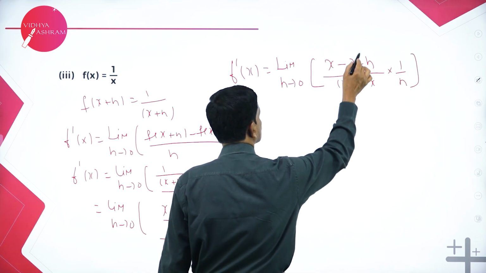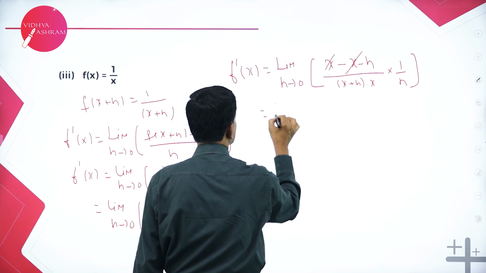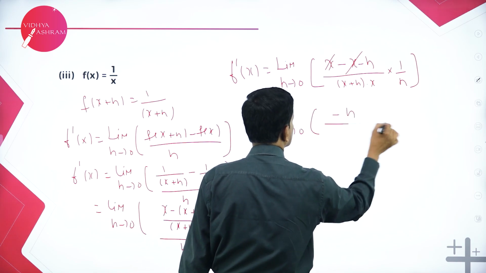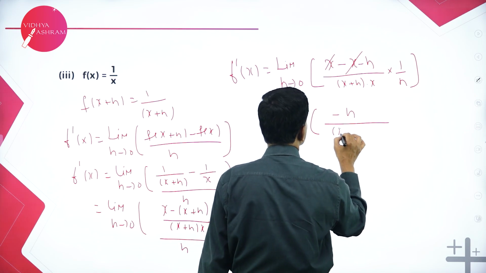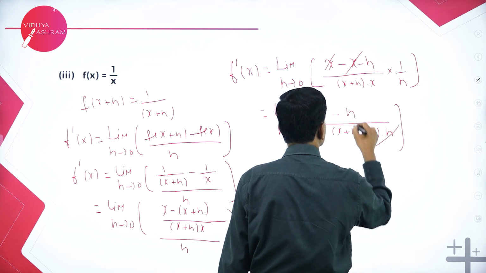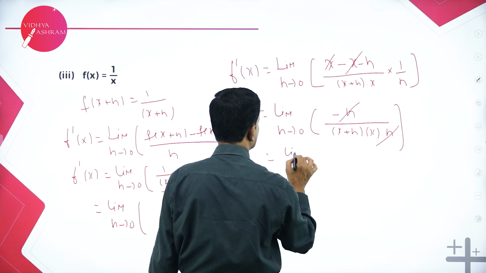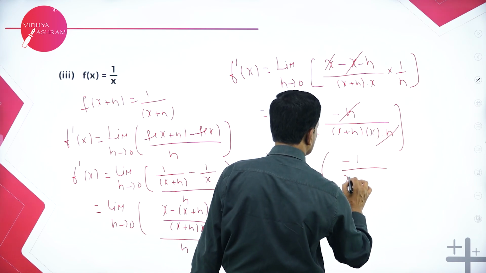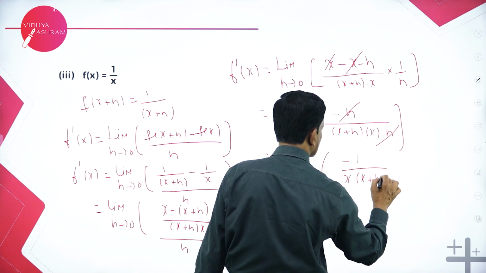Now cancel that terms. Minus x and plus x gets cancelled. This is limit h tends to 0 of minus h divided by x plus h into x into h. So this h gets cancelled. This is equal to limit h tends to 0 minus 1 over x into x plus h.